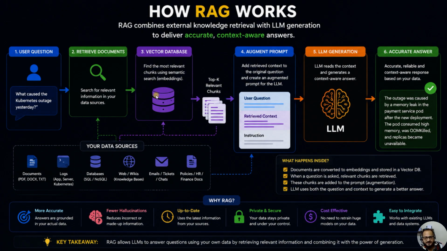So it will search for that particular keyword in the vector database and find some context relevant to the question you asked. Then it will forward that prompt plus the context retrieved from the vector database. It takes both the prompt and the context and passes them to the LLM, and the LLM will generate accurate answers. So that's how RAG works.